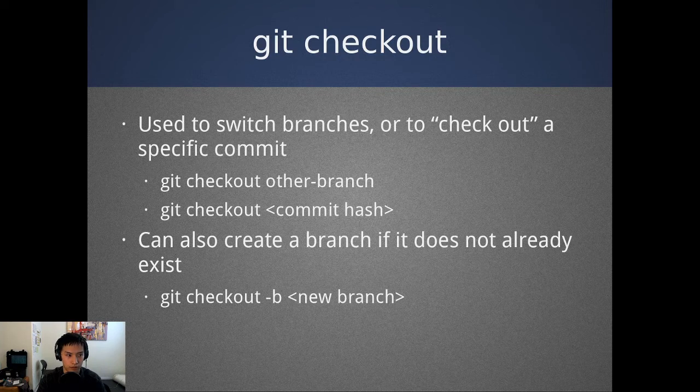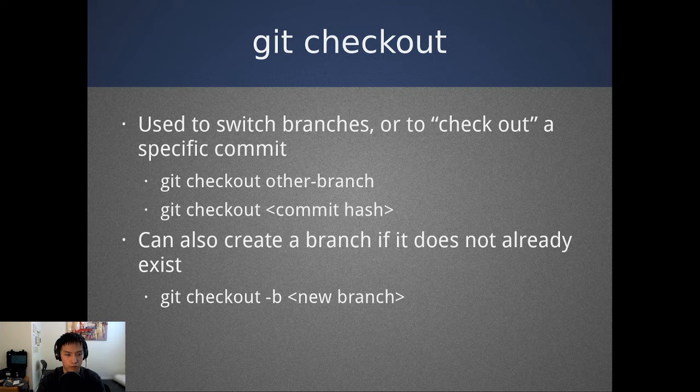It's a hexadecimal string, so it may look something like 0D135. So if the commit has a hash of 0D135 something, I can just say git checkout 0D135, and I'll be at that commit with the hash 0D135 whatever.